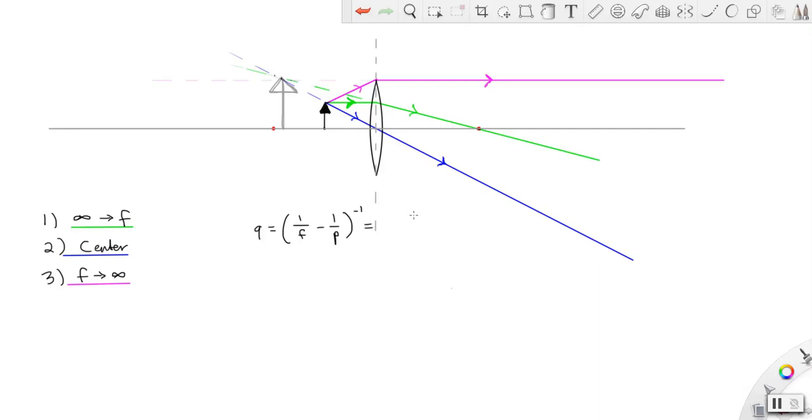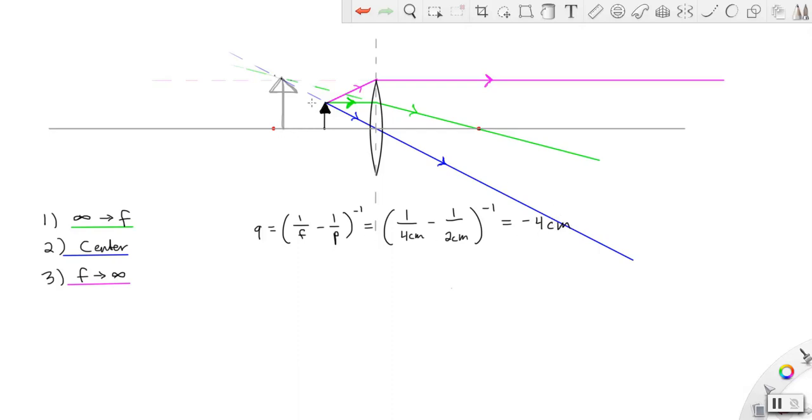And in this case, remember the focal point is still 4 centimeters, and P, in this case, is 2 centimeters. So that gives us 1 over 4 minus 2 over 4, or negative 1/4. We flip that, and we get negative 4 centimeters. So our image distance is negative.